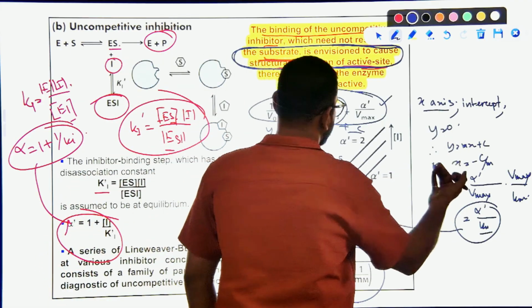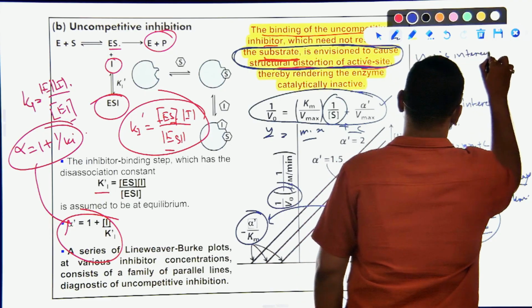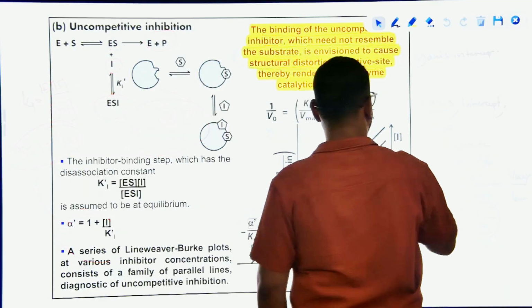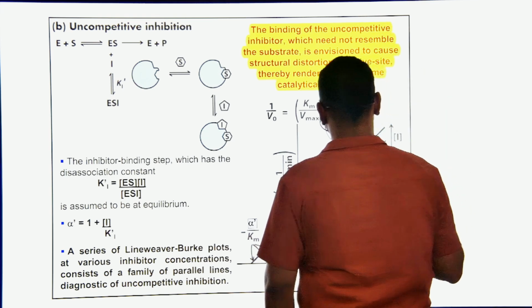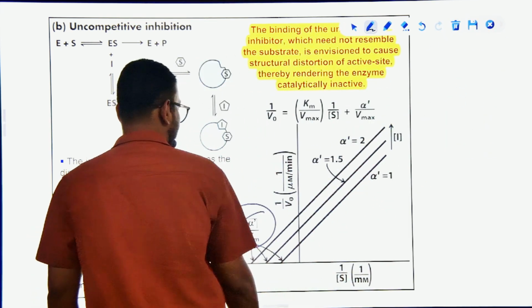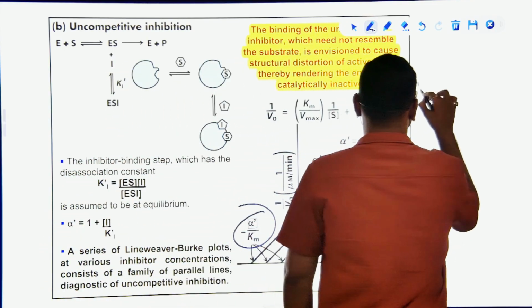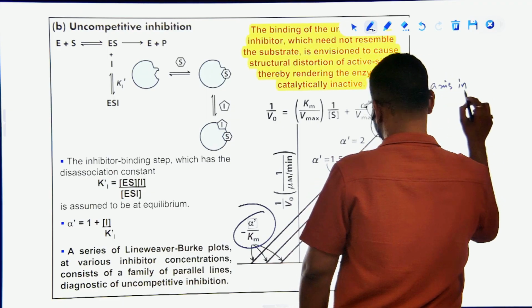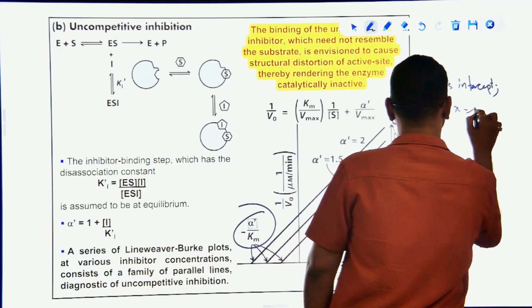Similarly, by this calculation, we can also get our y-axis intercept. For our y-axis intercept, that means x equals 0.